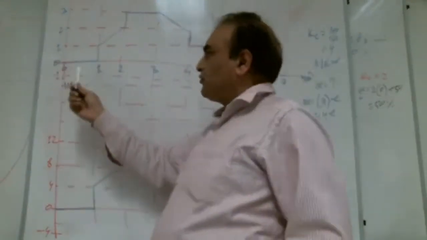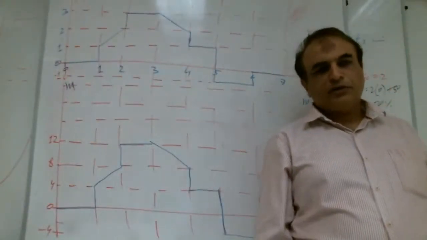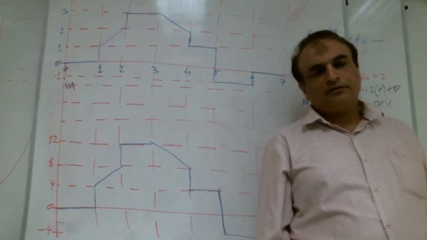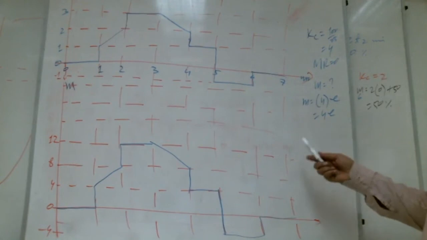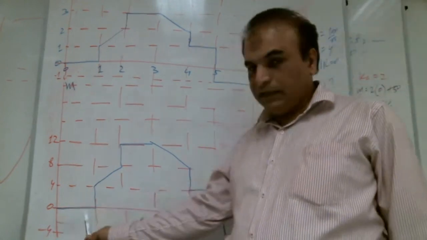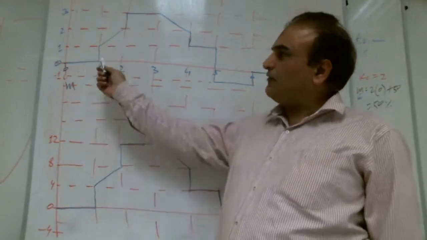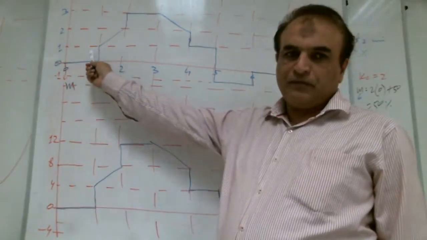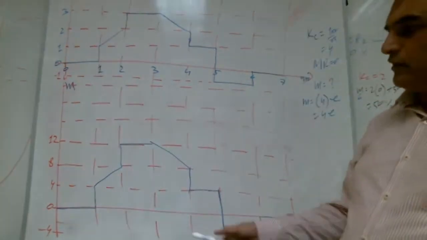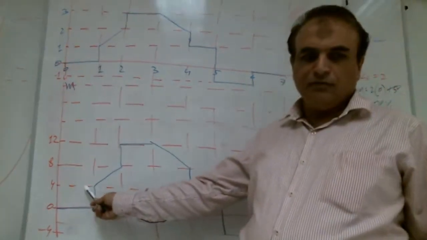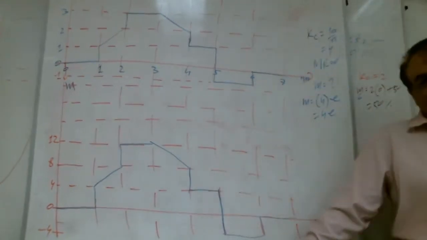From 0 to 1, what is the error? 0. Because you told me the output is 4e, so it is 0. From 1 to 2, what is the error? At 1, the error becomes 1. Okay, now I know. 1 multiplied by 4 becomes 4. Okay, I got it, teacher. Thank you. That's good, MashaAllah.